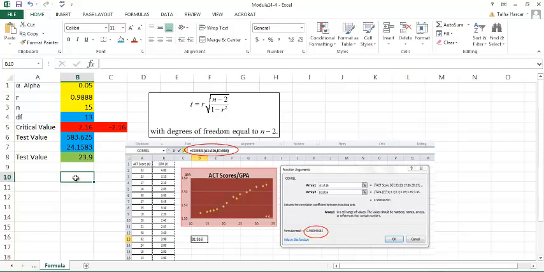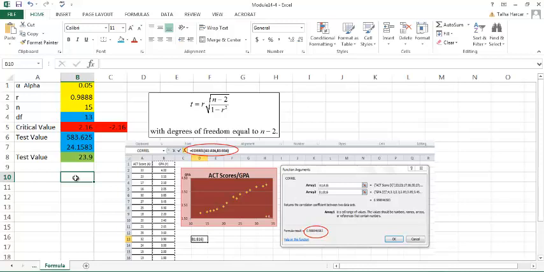Now the interpretation: the test value is outside the critical values of minus 2.16 and 2.16. 23.9 is much more than the critical value on the positive side. So the result is significant, because the test value is beyond the critical values.